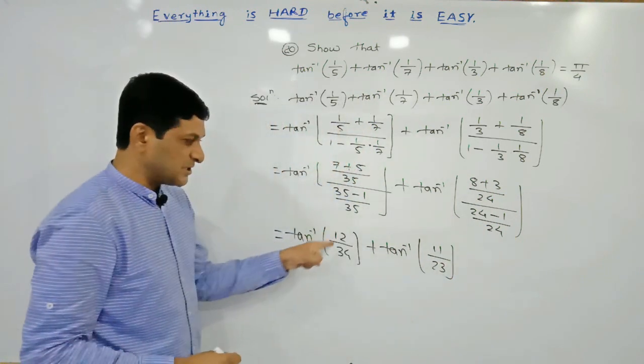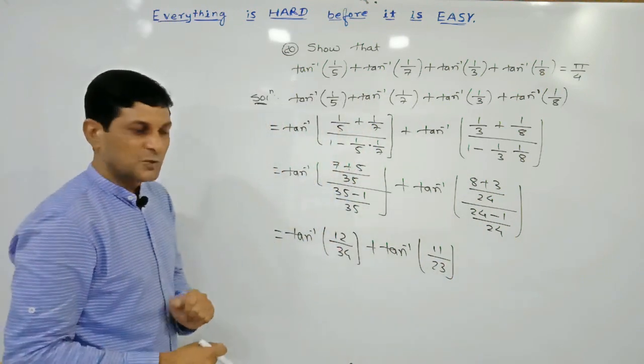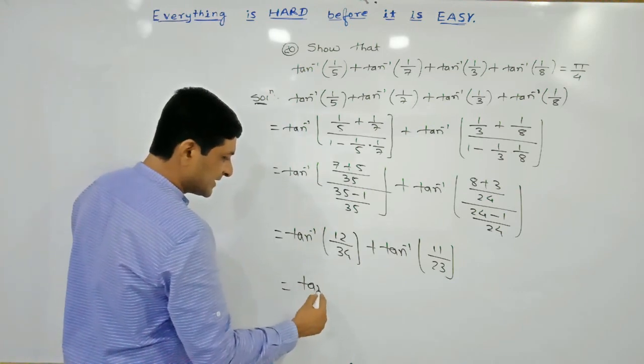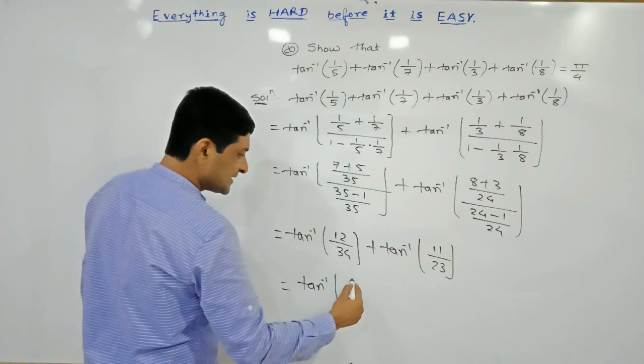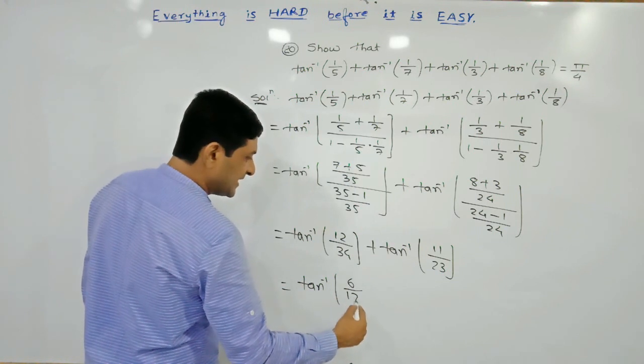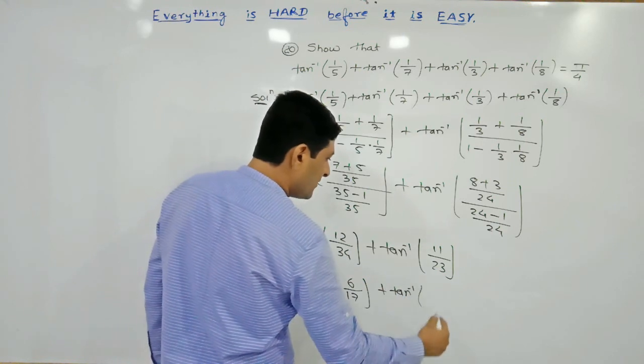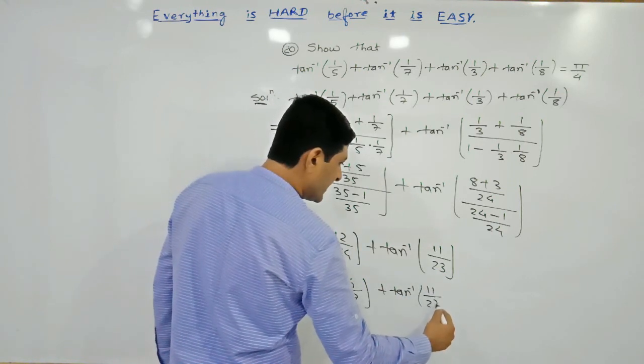Again here we can observe that both the terms are divisible by 2. Dividing numerator and denominator by 2, we get tan inverse of 6 upon 17, and tan inverse of 11 upon 23.